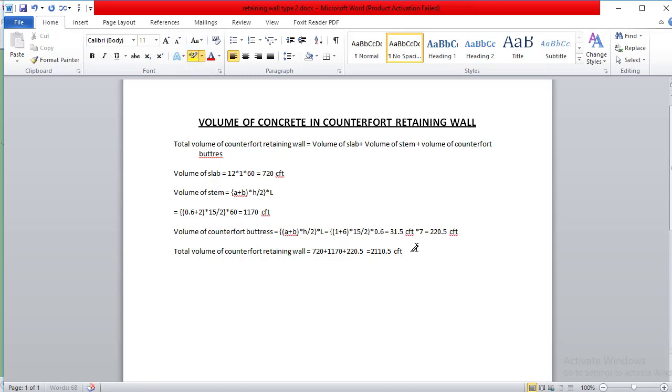So this is the total volume of concrete which we will use to construct a counterfort retaining wall. From this we will also find out the quantity of cement, fine aggregate and coarse aggregate.